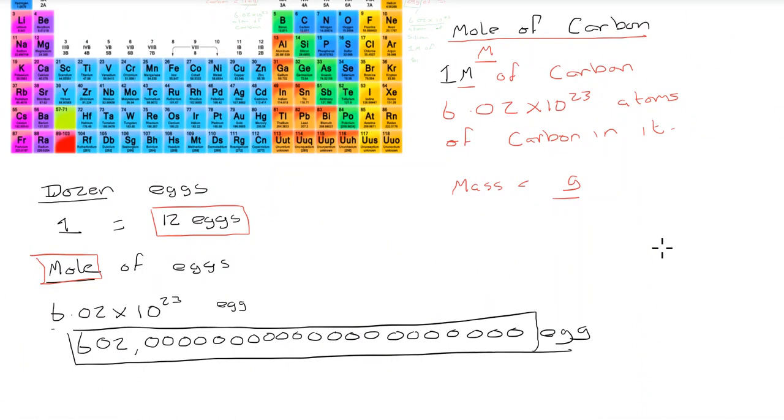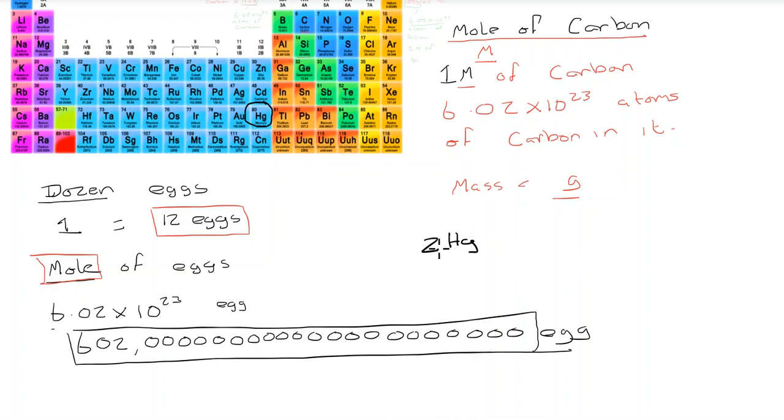Now, just one other thing I want to link to this. If we think about this chemical reaction here, we can write: 2 moles of mercury, Hg, if we have a look on the periodic table, that's mercury.